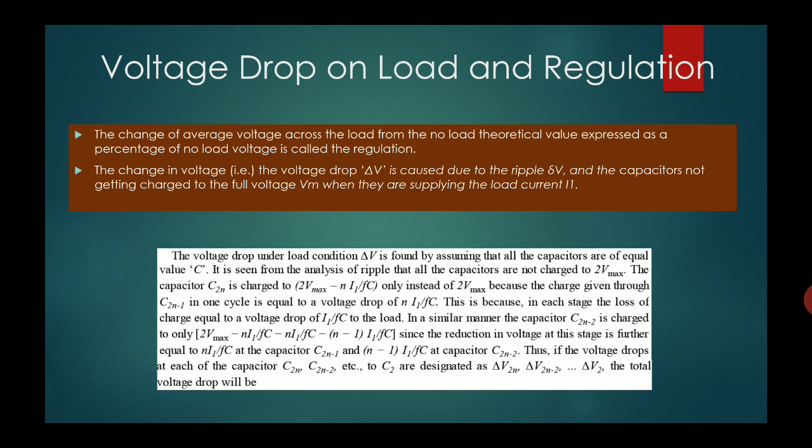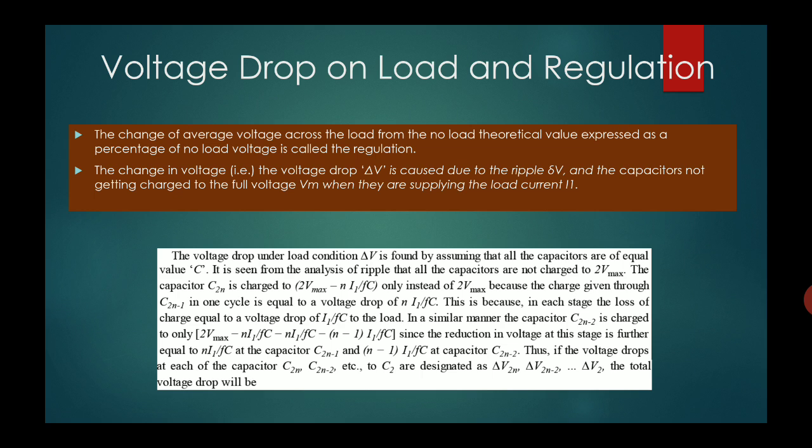In a similar manner, the capacitor C2n minus 2 is charged to only 2 Vmax minus n I1 by fC minus (n minus 1) I1 by fC, since the reduction of voltage at this stage is further equal to n I1 divided by fC at the capacitor 2n minus 1. So you can see gradually the voltage drop across the capacitor value decreases.